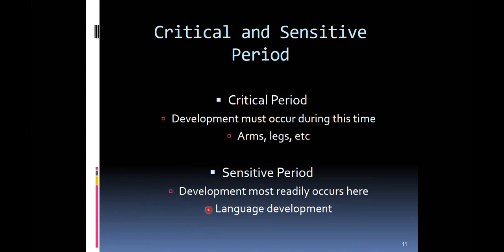Now, you look at later on, if a child hasn't been exposed to language, then they may still learn to use language, but it's going to take much longer for them to get a handle on it. And after a certain point, it may become more and more limited.